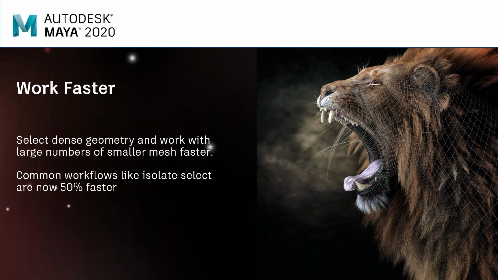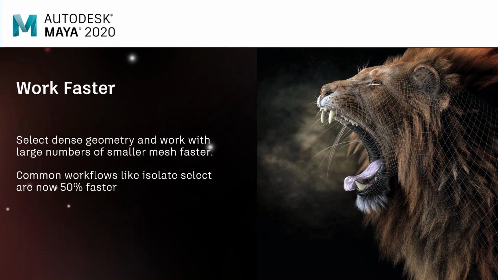Another key ability for artists to be able to work faster is small things like being able to select dense geometry based objects, or to work with a large number of small meshes faster. Again, thanks to the new improvements that we made to things like isolate select, you can now work up to 50% faster when it comes to day-to-day tasks like selection and deselection of component objects.